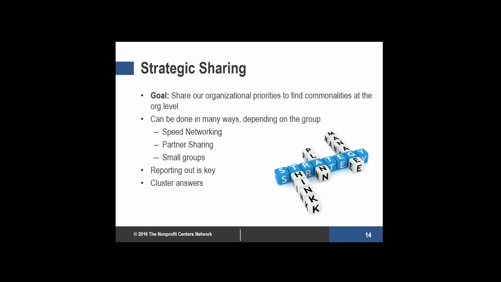And speed networking, you're probably familiar with this concept of speed dating, where everyone is set at a series of tables where you have two chairs facing one another. You're given 3 to 4 minutes to introduce yourself to your partner and share information about you in speed dating.